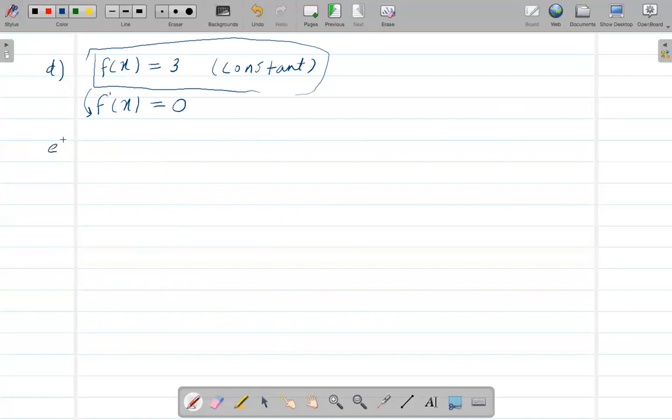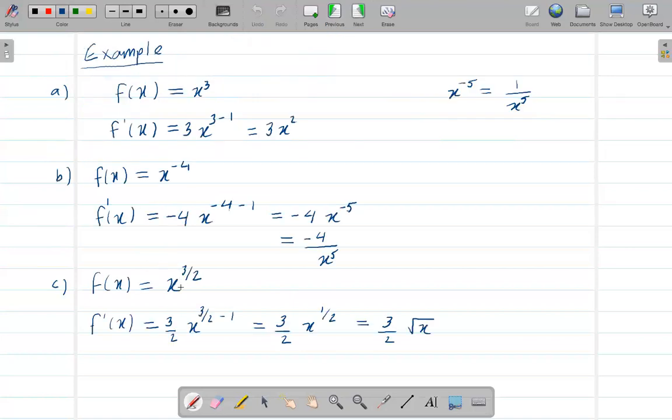And another one. Let's write this first. f of x is equal to 4 times x to the power 7. On this problem, there was a variable and something in the power, but there was nothing in the front, right?